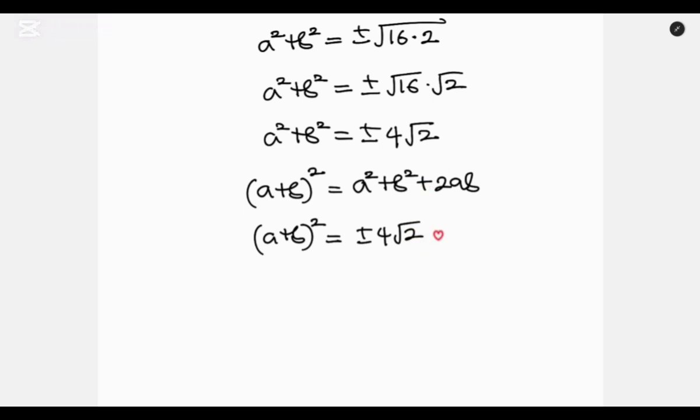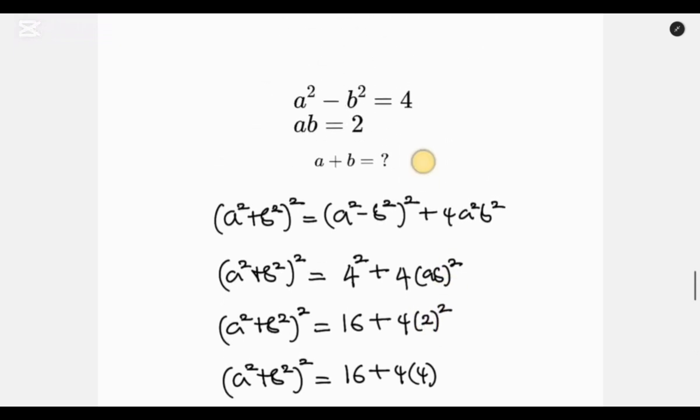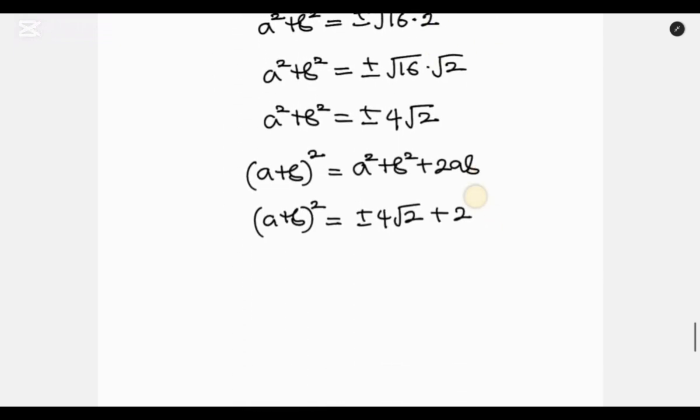Very good. And then plus 2 times ab. Remember that ab from our second equation is 2. So I'm going to be substituting 2 there in place of ab. So this becomes (a plus b) all raised to power 2 to be equal to, I'm going to be writing this first, 2 times 2 is 4, then plus or minus 4 root 2.